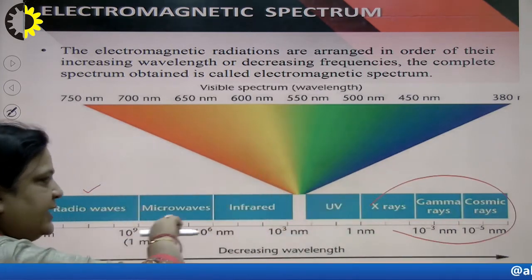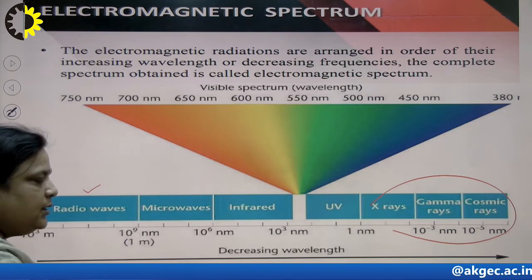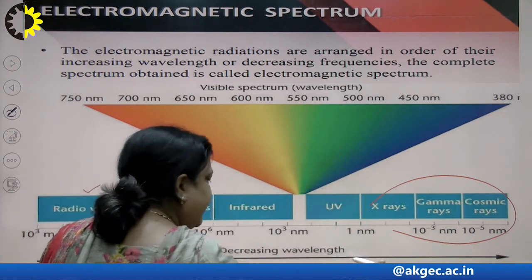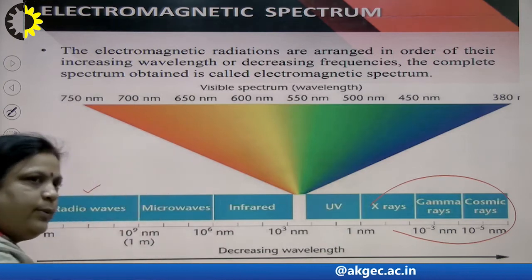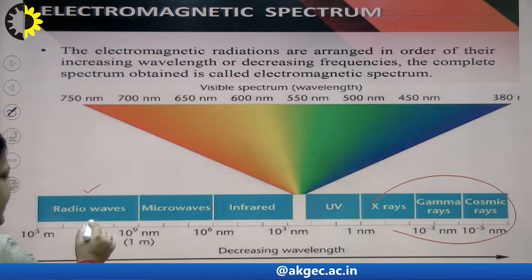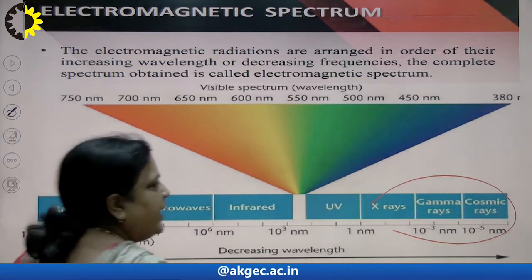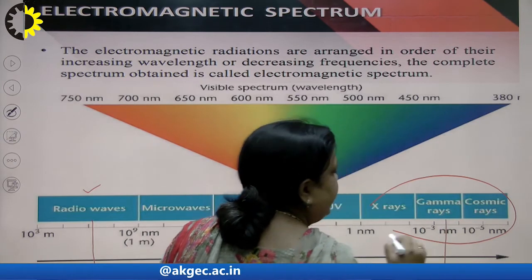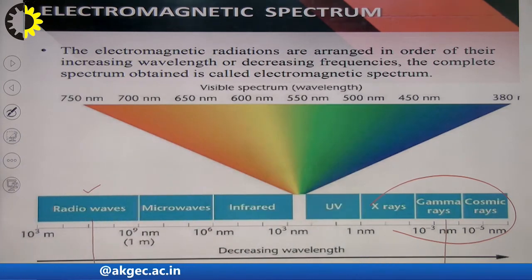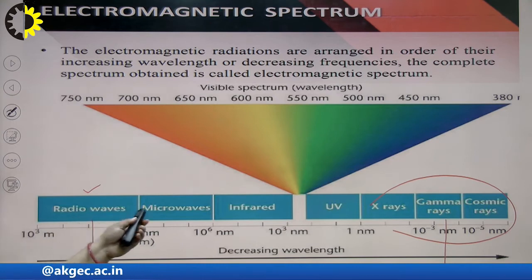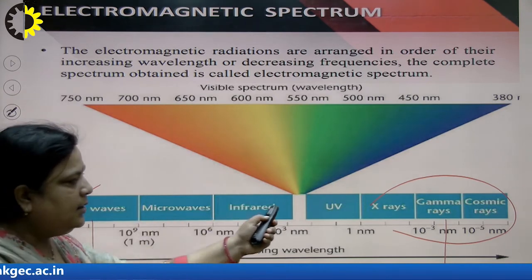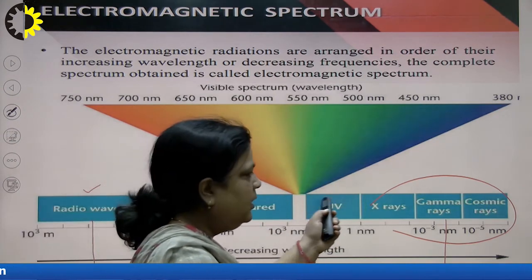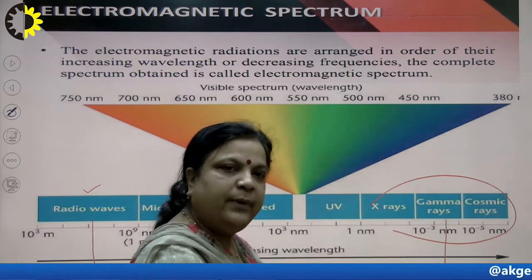So, this is the decreasing order of wavelength, and automatically we can say it is the increasing order of frequency. Radio waves have the least frequency while these have the highest frequency. So: radio waves, microwaves, IR, visible, UV, X-rays, gamma rays and cosmic rays.